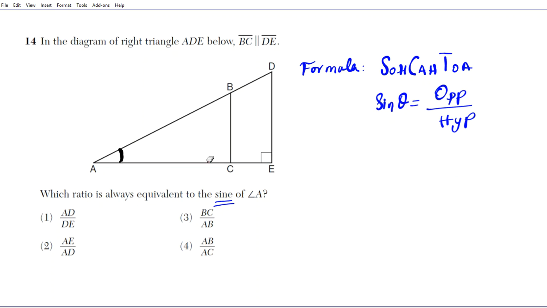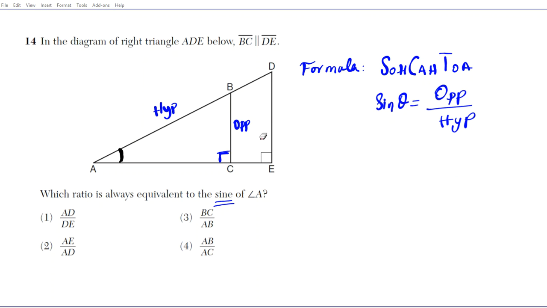We will focus on the smaller triangle first. So for the smaller triangle, this is going to be the opposite. Okay, and since we're dealing with sine, we care about opposite and the hypotenuse because this will be 90 degrees also. Okay, how do we know that this is 90 degrees?